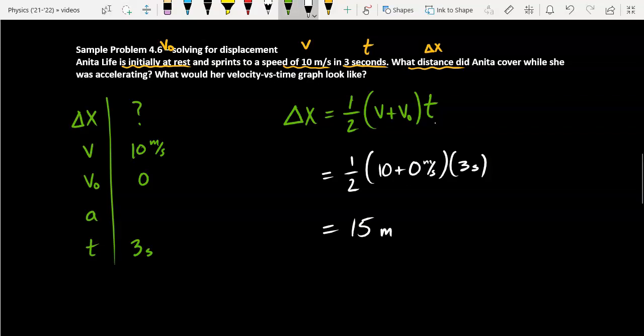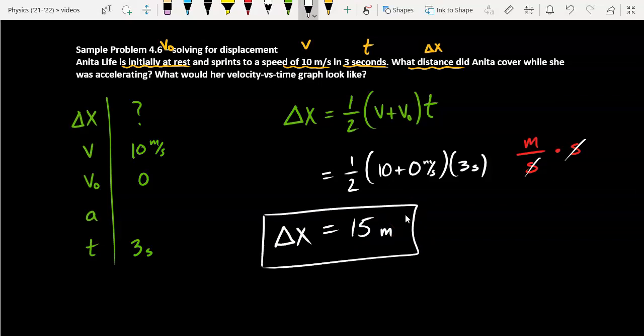Because if we look at units, a meter per second times a second lets us know that the seconds cancel, and so we would be left over with just meters. Okay, so the displacement here, how far did she move while she was accelerating?